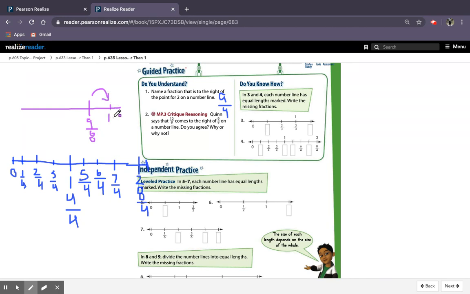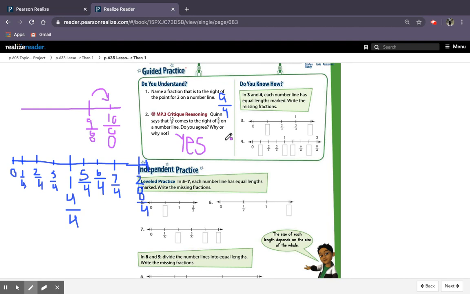It would be 10/8. It's just what comes next. Okay, so yes, and then listen for the explanation because I cannot write it all out with this digital pen marker thing. So 10/8 has one more copy of 1/8 than 9/8, so that represents a longer length from 0.